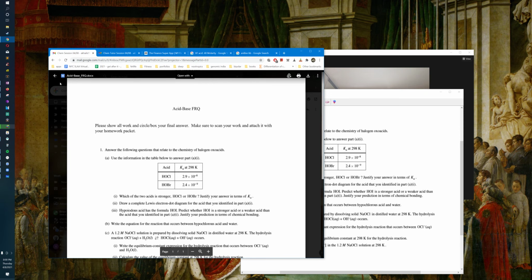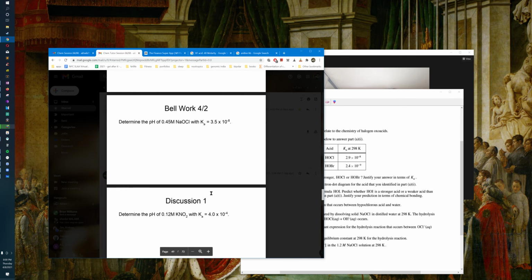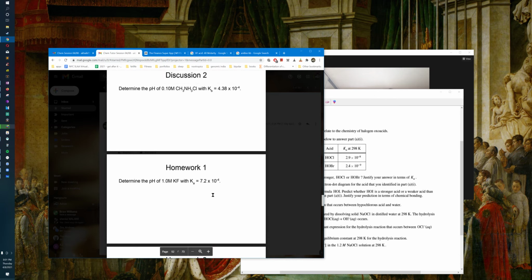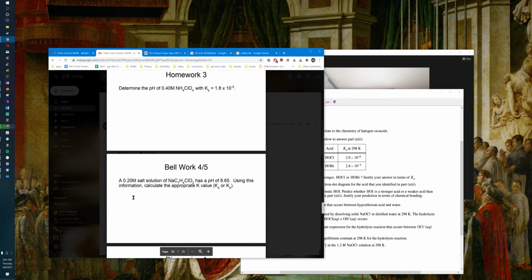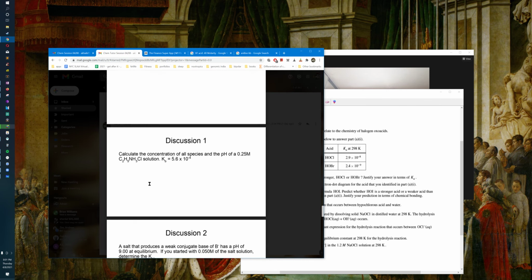Not really. I don't think I've ever had one where it was missing the Ka and that top one. I think this type of problem you can probably find a solution online. See if you can find the solution online. I'm going to look in your PowerPoint to see if I find any clues here.